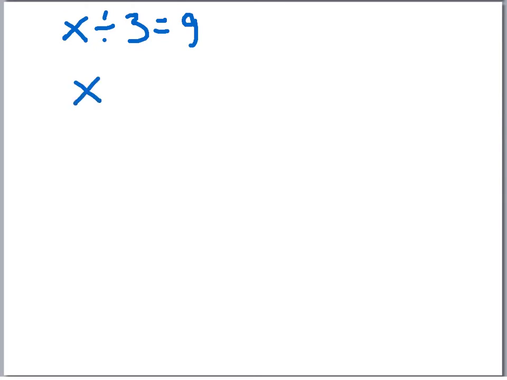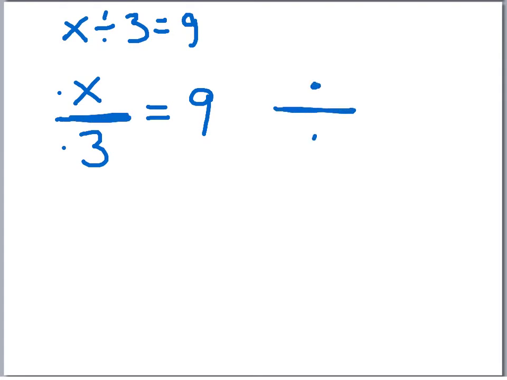So we're going to start writing it like this, with X over 3 equals 9. So that's X divided by 3. You can kind of see it there. Doesn't that also remind you of the division symbol? This divided by this. So that's going to be the format that we're going to start using in our equations.